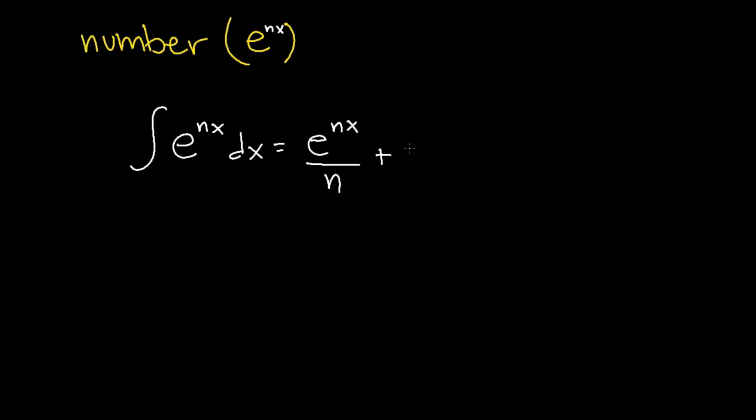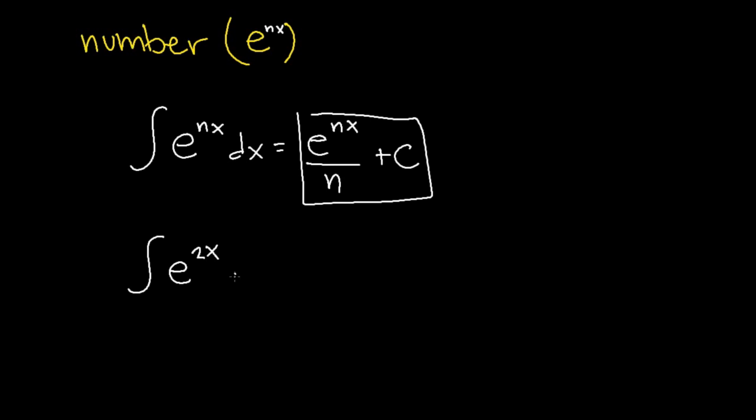So inana lang ka simple plus c. So for example, nakay antiderivative of e raised to the power of 2x dx is just equals to e raised to the power of 2x over 2, since ang n ani is ang 2. So ang ipaubos mao ang 2, so busa na kay over 2 plus c.